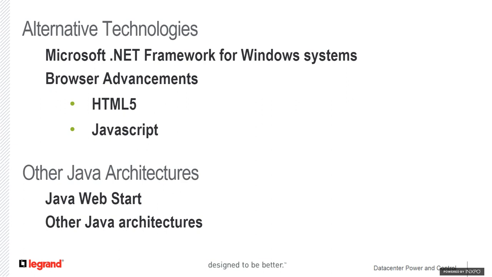So Java itself has come up with some new architectures. There's Java Web Start, which is also a newer technology that we make use of, and then there are other Java architectures that are coming out.